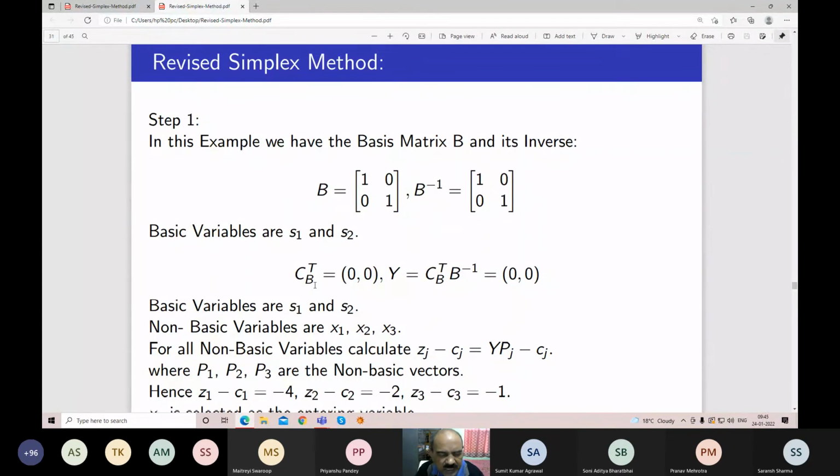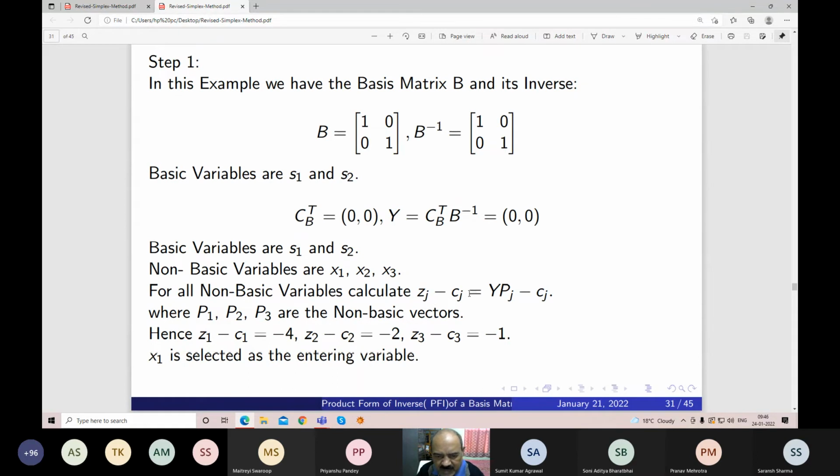CV is nothing but the coefficient of the basic variables in the objective function. Once we have defined all these things, we compute the other quantities using B and B inverse. Y is nothing but CV transpose into B inverse. Once Y is computed, for all the non-basic variables we compute Zj minus Cj, which is equal to Y into Pj minus Cj.